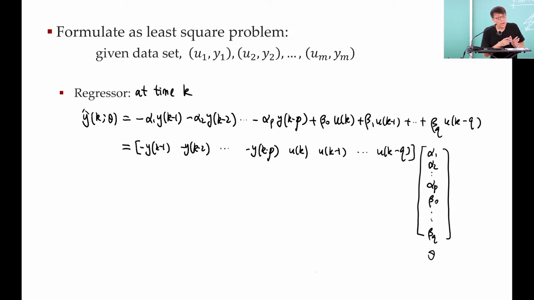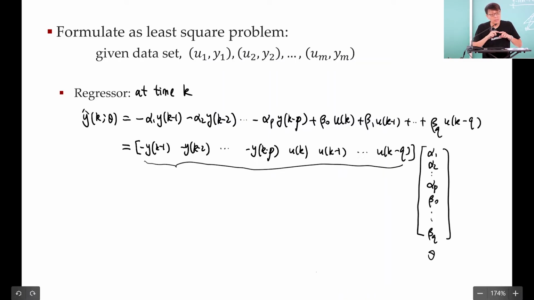So my prediction y relates to my parameter linearly, and the linear relation is captured by this particular data vector. I can give this data vector a fancy name. Do you know what it is? It is called a regressor at time k. Have you heard about regressor?